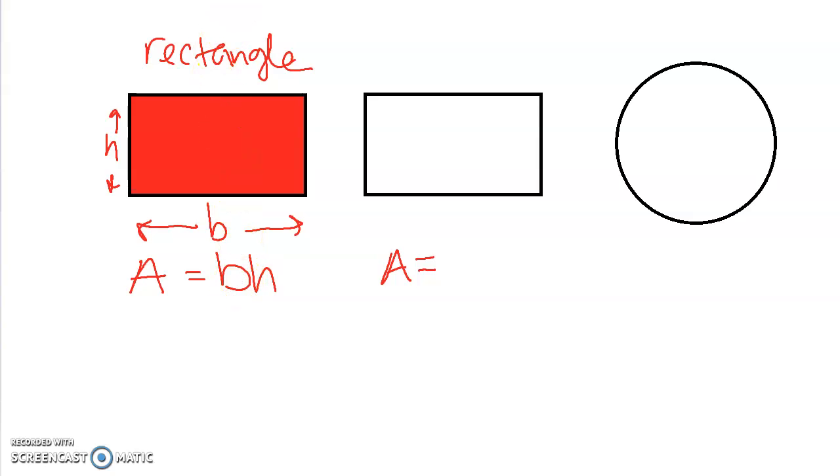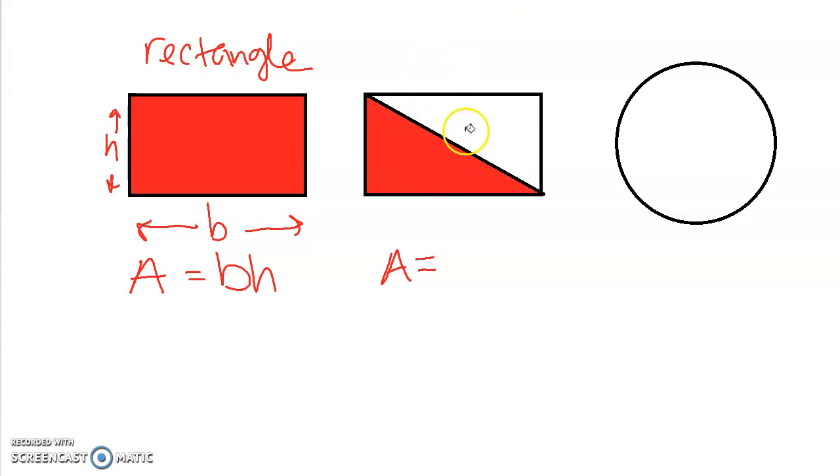Now next we talked about a triangle. A triangle can be made by just taking a regular rectangle and cutting it in half by drawing a diagonal. Now if we wanted to find the area of a triangle, we can do something very similar to what we did before.